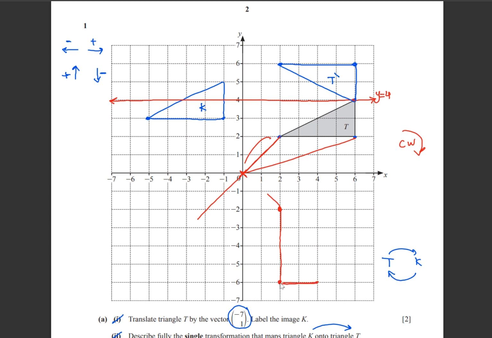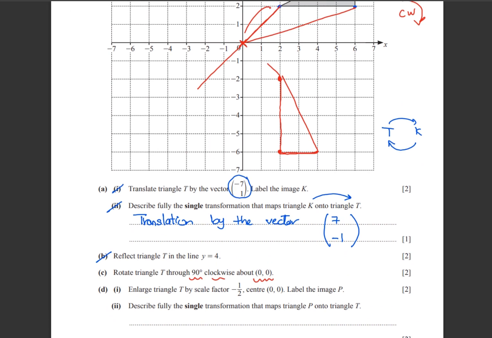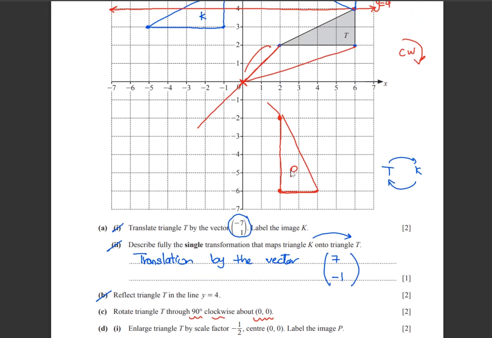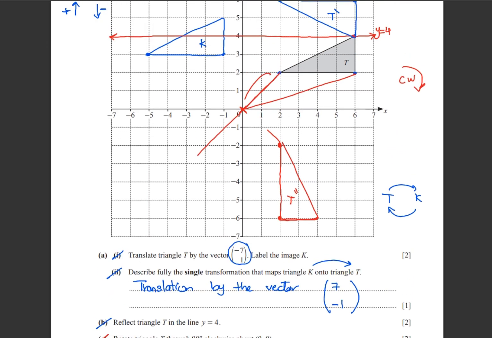So join like this and join like this. I can name it also, label the image with B, so I will put B here. Finish for this. No, this is not B, sorry. Because of that, I am telling you, whenever you finish one, cross it. I can name it T double dash because he didn't give me a name.